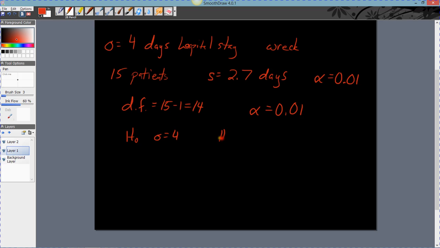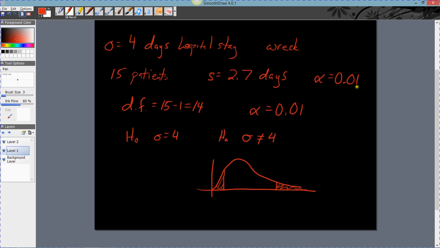So that means our alternative is sigma is not equal to 4. So the picture is this: our rejection region is like this, because we want anything bigger or anything smaller to be rejected because of this not equals.